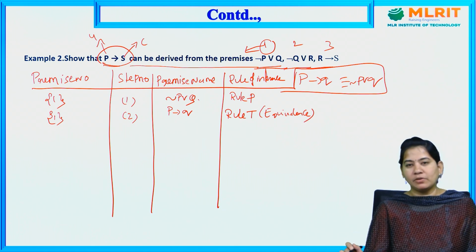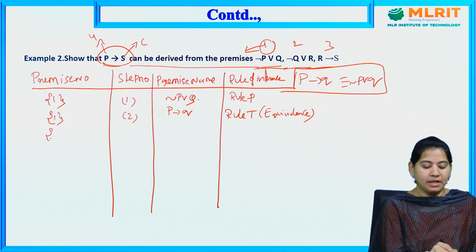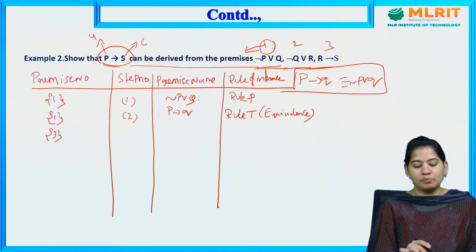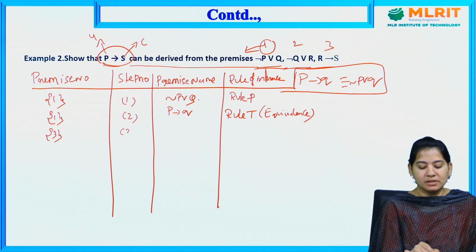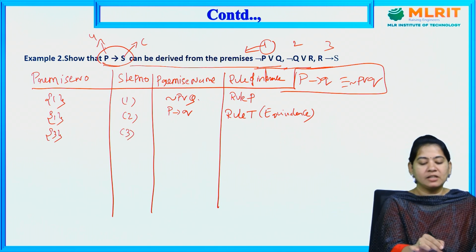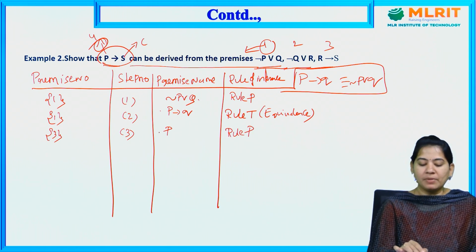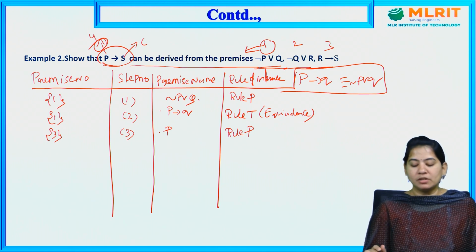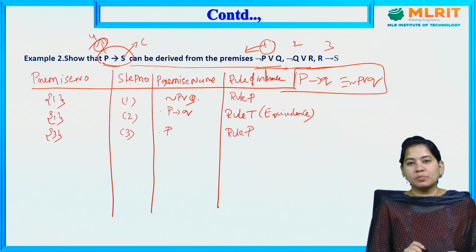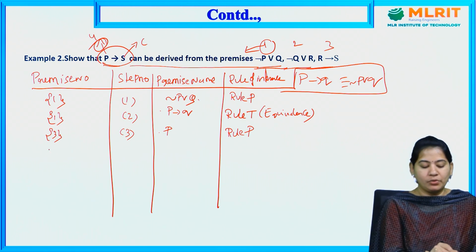Next here the premise number is 3 and step number is 3, and this fourth premise I am going to consider here, which is called rule P. Now here P comma P implies Q, which is called by using I11 modus ponens you will get the Q here.